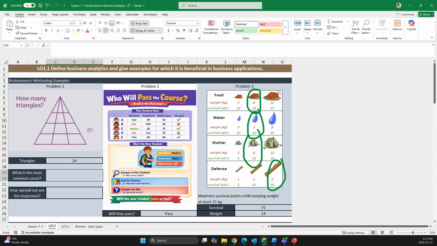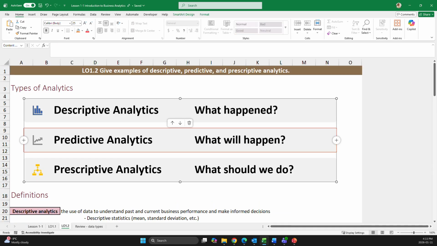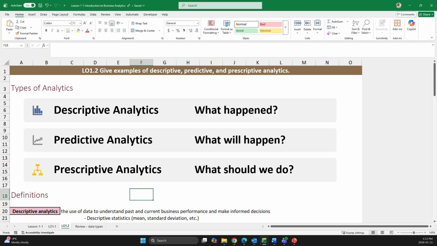Trying to guess if a student will pass or fail the course based on data you do have, that is predictive. And finally, trying to maximize an objective is trying to decide what you should do, what item you should bring, that is prescriptive. So another reason I asked you these brain teaser examples was because they're each meant to correspond to one of the areas of analytics.